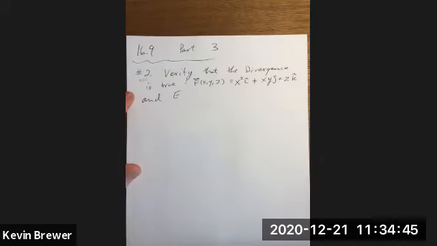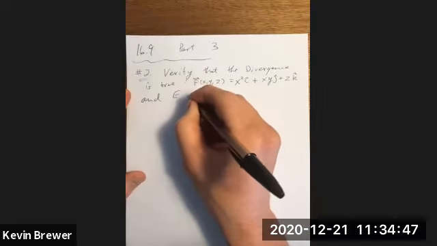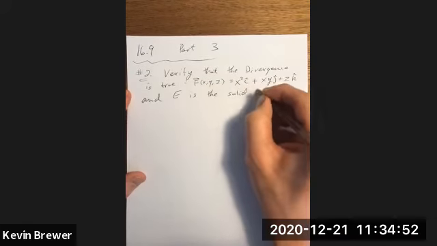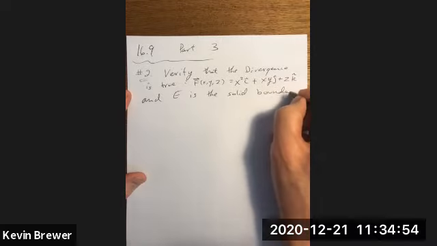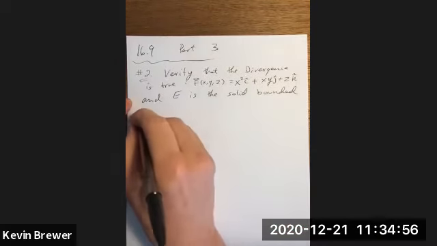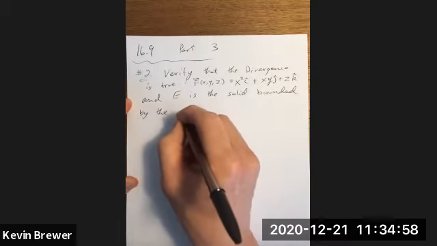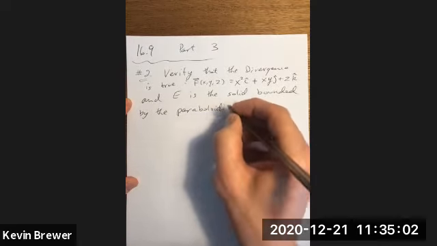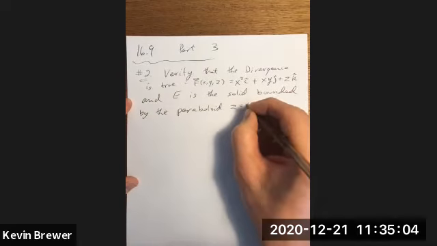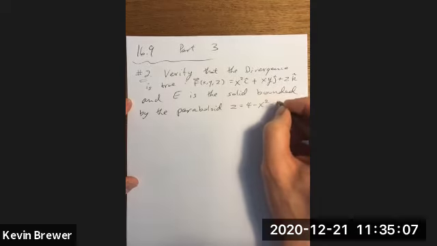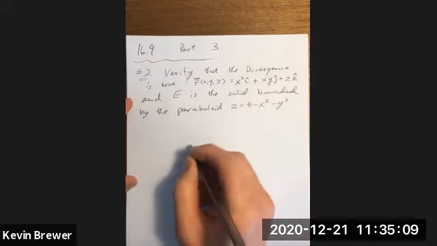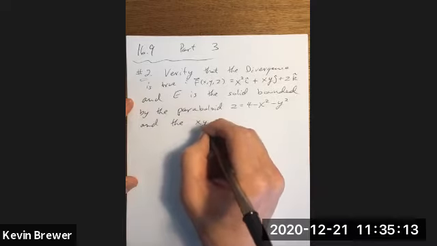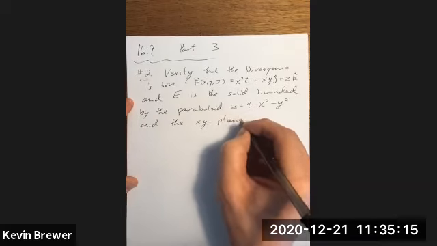And E is the solid bounded by the paraboloid z equals 4 minus x squared minus y squared and the xy plane.